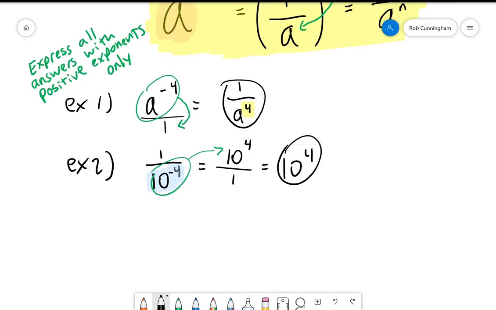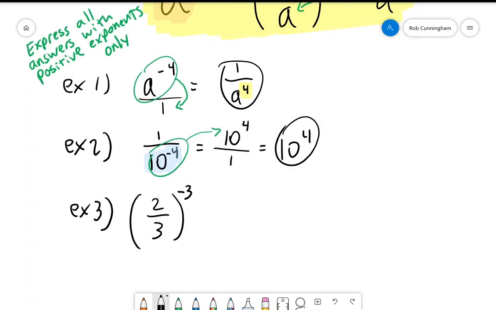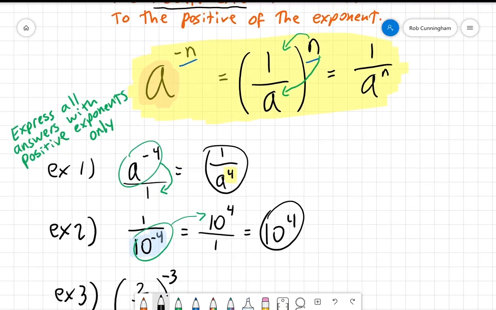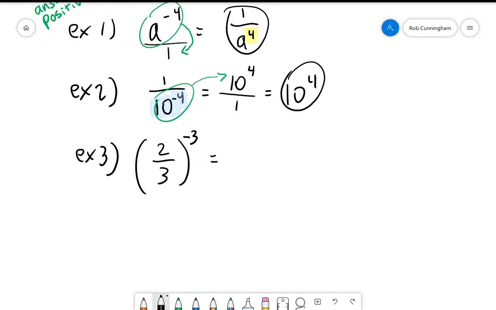Let's try one that's a touch more complicated. 2/3 to the negative 3 power. Okay? 2/3 to the negative 3 power. Well, that's the same thing, based on our rule up here, as the reciprocal of 2/3, which is 3 over 2, to the positive 3 power.